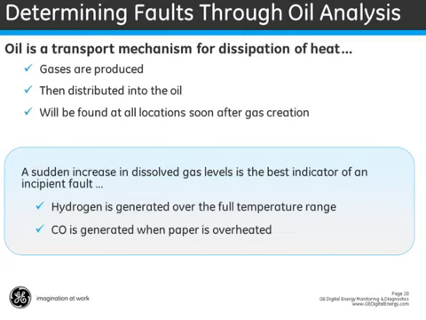So the presence of acetylene in your oil indicates the occurrence of an electrical arc in the transformer. Another example of how gases are mapped to faults is that carbon monoxide will only be found in the oil if the paper is degrading. So the more rapidly carbon monoxide is increasing, the more damage the paper is undergoing.